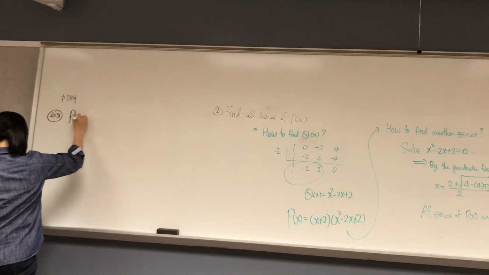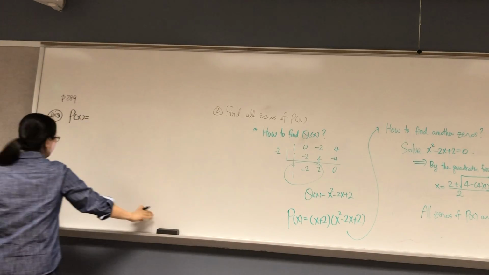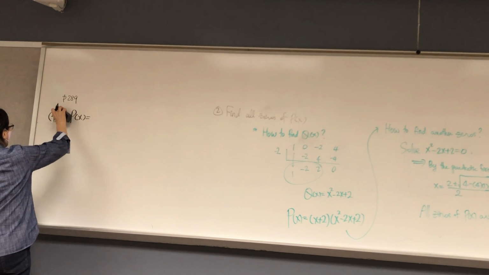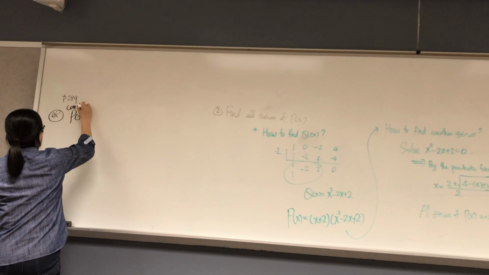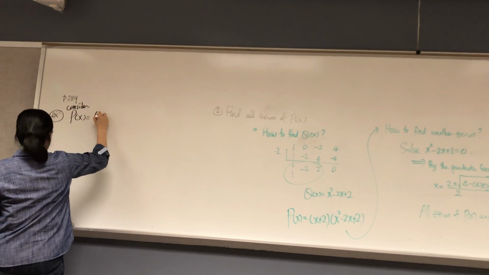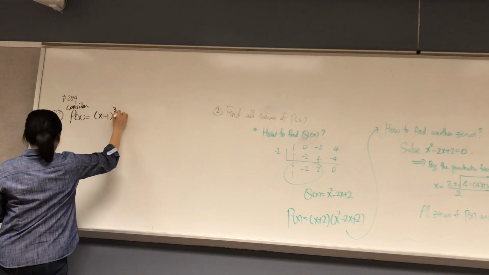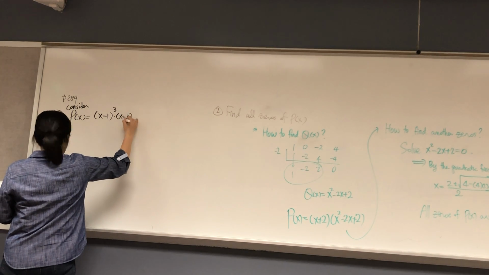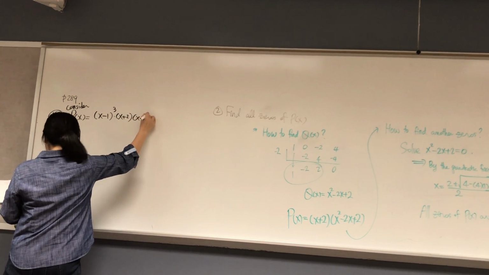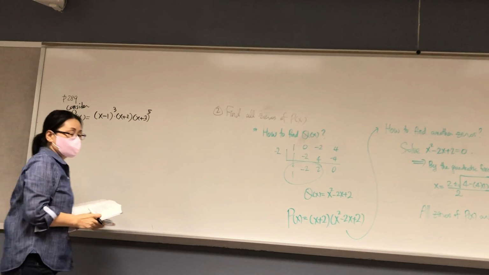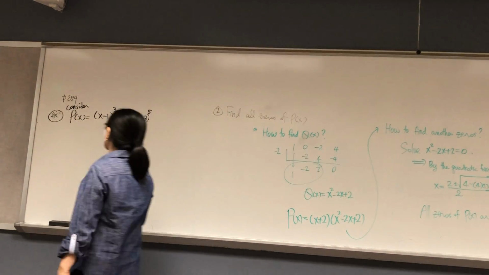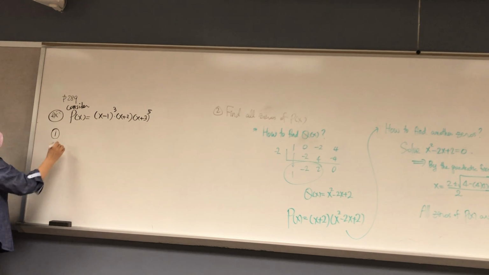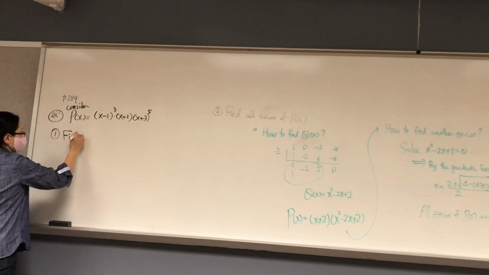Let me give a baby example first. Consider P of x. First question, this is factored form. Very good. So number 1, find all zeros.